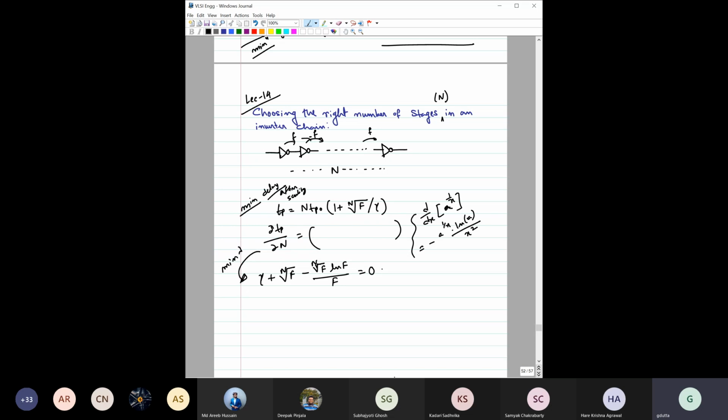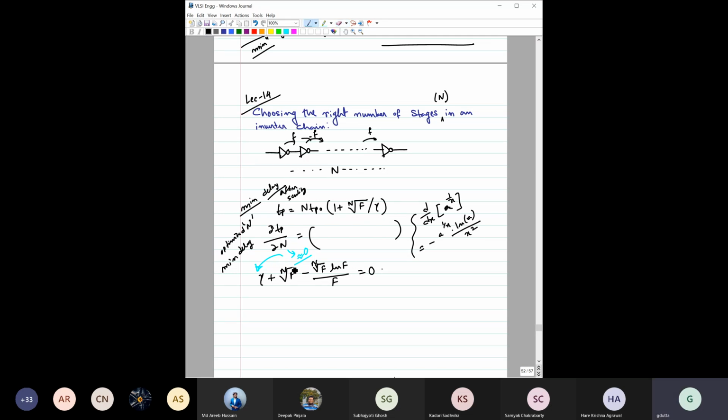So for minimum delay, optimized n, right? When you optimize n, then what you have to do is make this term equal to 0. So when you make this term equal to 0, then you will get this expression, right? So after making it 0 only, you will get this one. Okay.